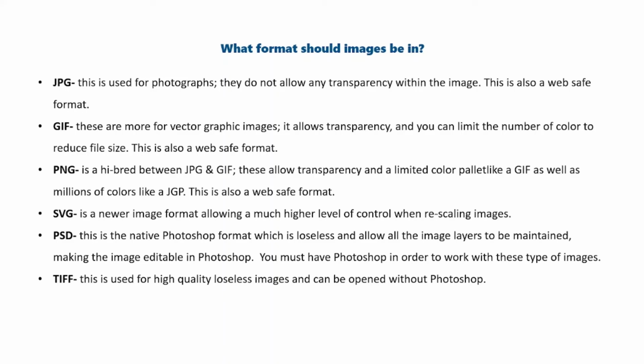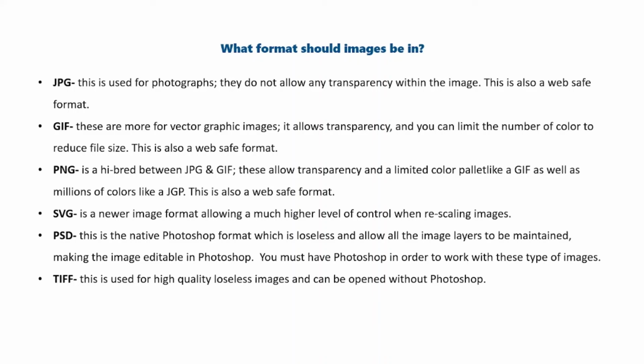They do allow transparencies. You can limit the number of colors to reduce the file size, but you cannot really have any drop shadows or glow effects that impact or intrude into the transparent space of the image. This is a web-safe format also.